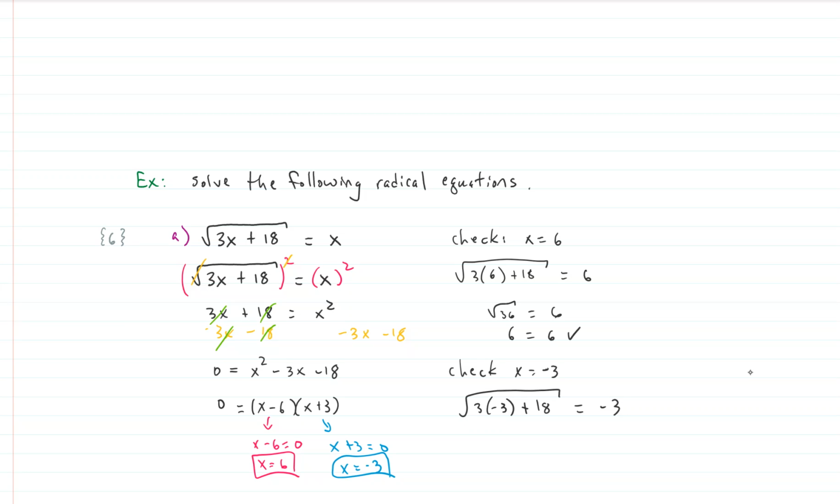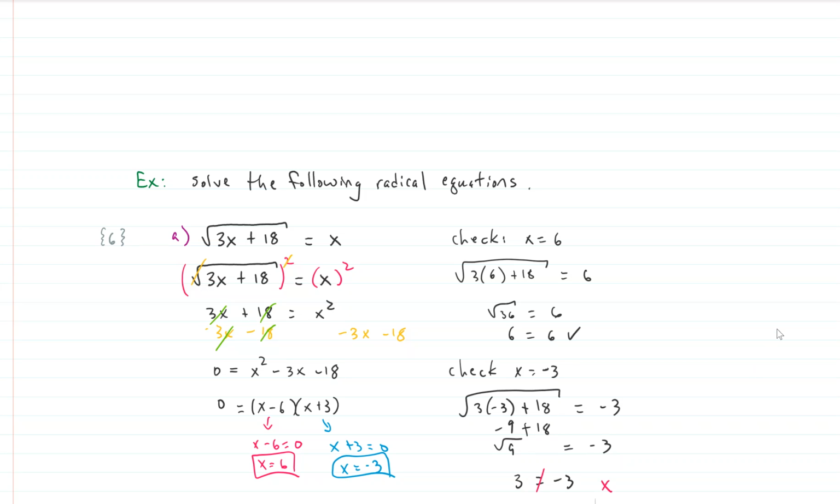Negative 9 and 18 give us positive 9. Square root of positive 9 gives us 3. And that is not true, right? 3 does not equal negative 3.